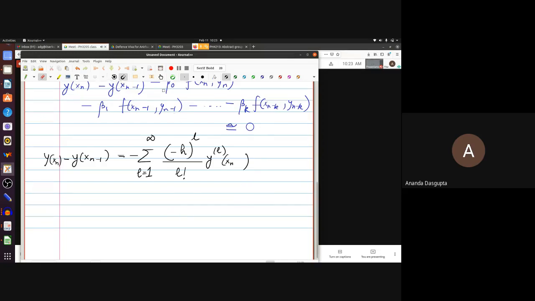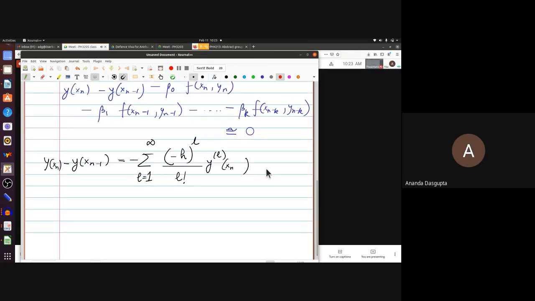And all these terms that we are using here in between, other than the y(xn minus 1), any term, let's say the ith term here, is beta i times f(xn minus i, yn minus i), right?